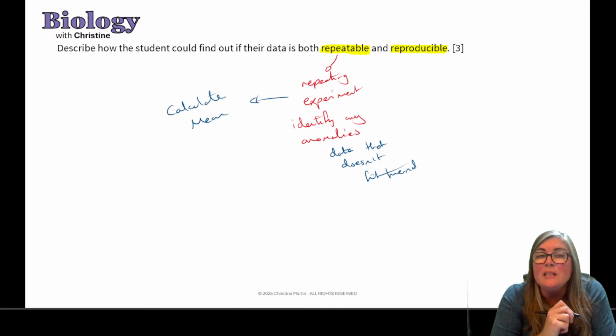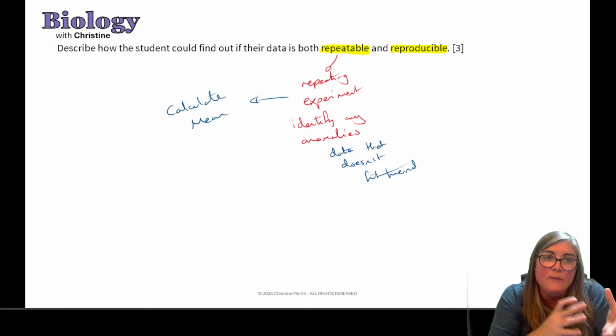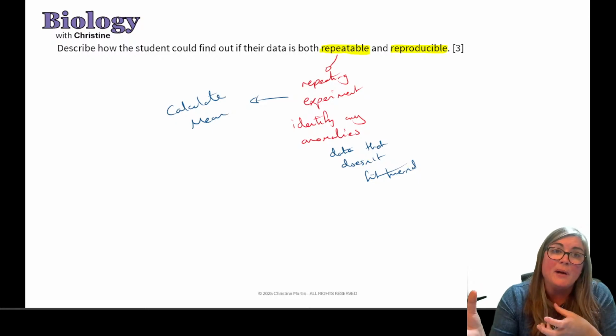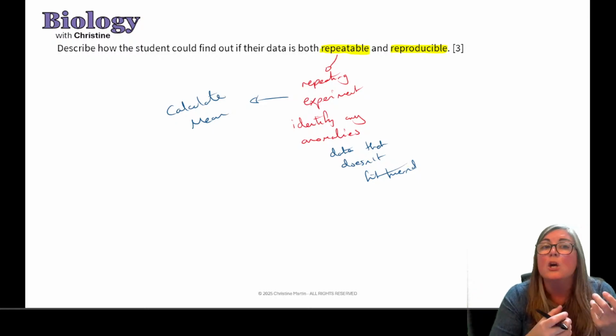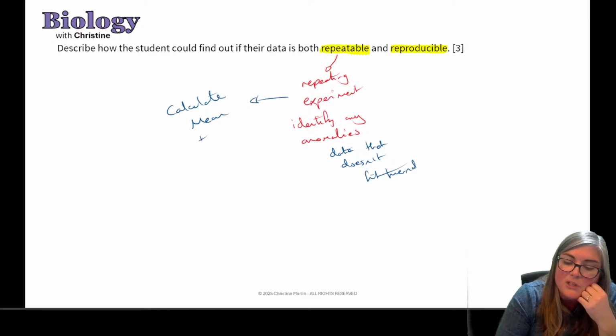And by calculating the mean from using those repeats, we would also be able to account for any anomalous results. Now, if you go on to study A-level biology, you're going to learn more about not just the calculation of the mean, but also something which is known as the standard deviation.